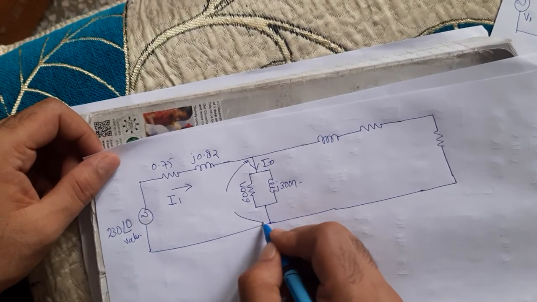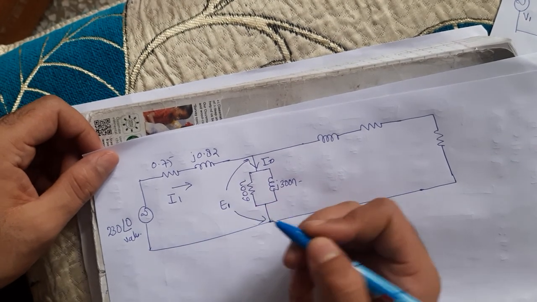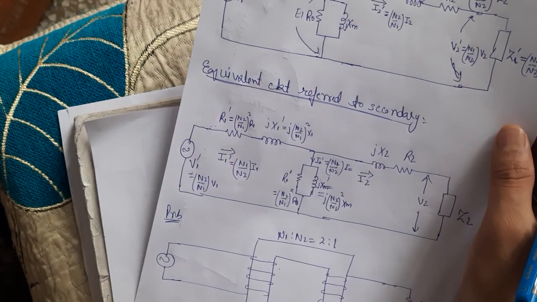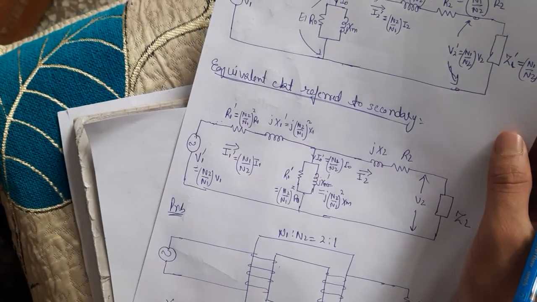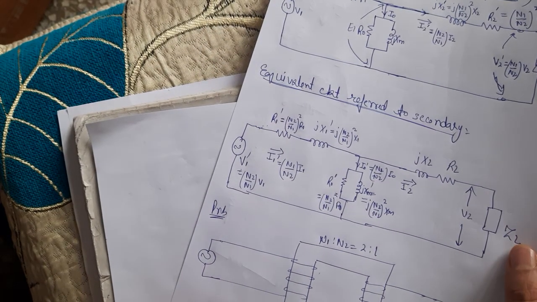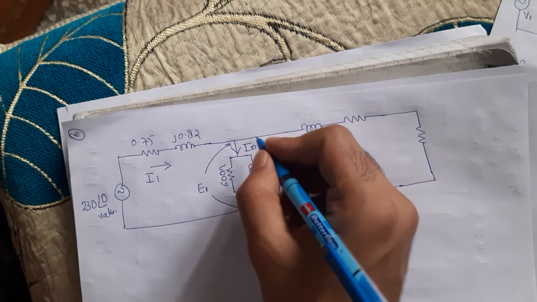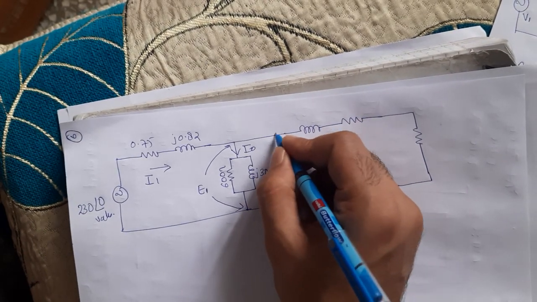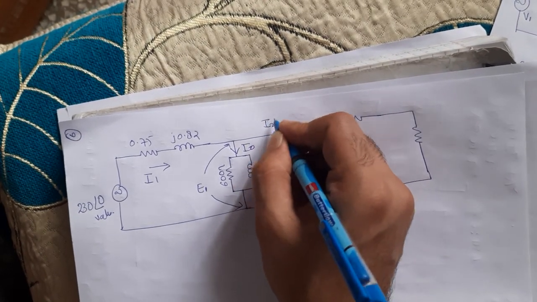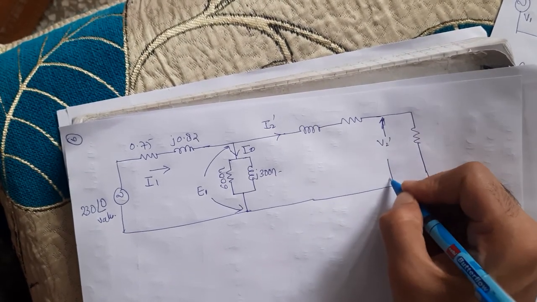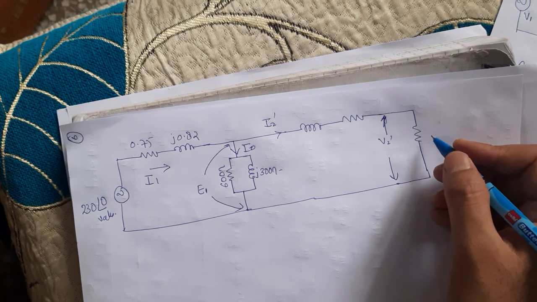I told you it is E1, the induced voltage in the primary side. Secondary reactance X2 was 0.15, but multiply by 4. Here the current is I2 dash, here the voltage is V2 dash, and here the load resistance is R2 dash.